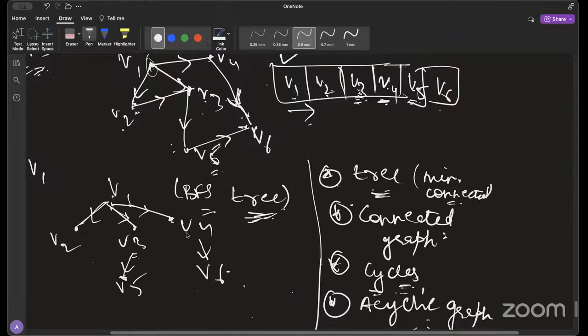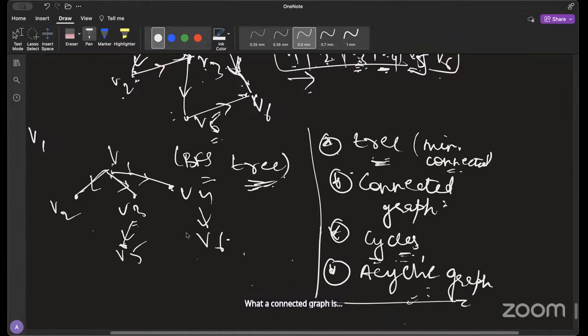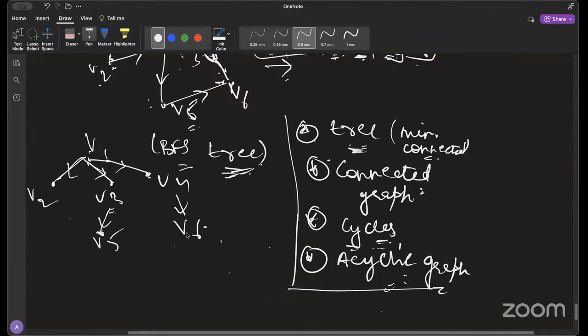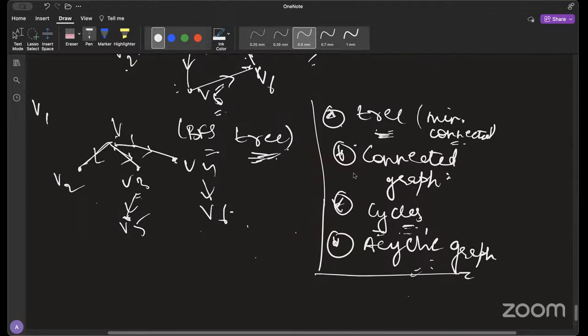But a connected graph, in typical terms, is only a graph in which from every vertex you can go to every other vertex in the graph. That's what the definition of a connected graph says.